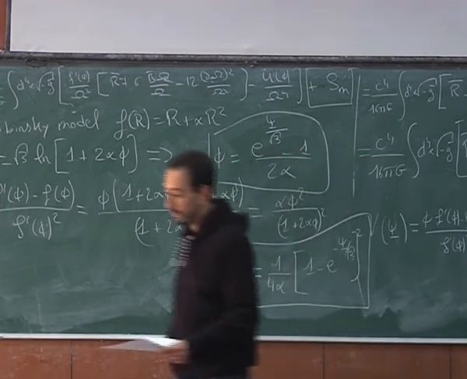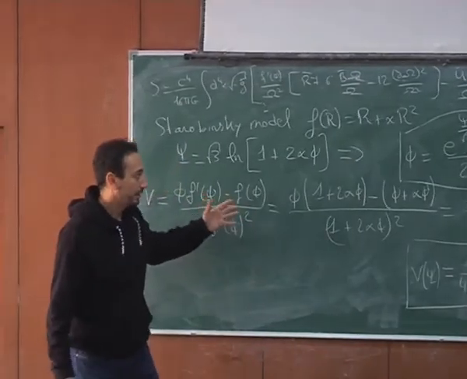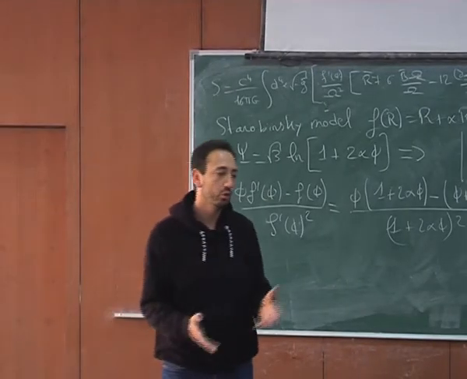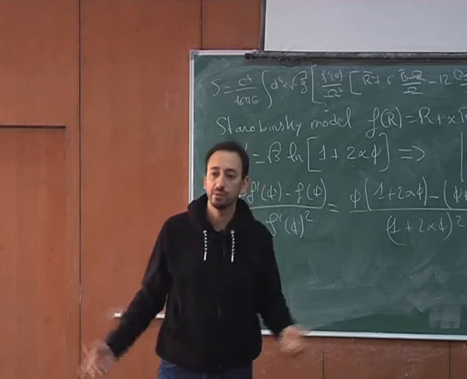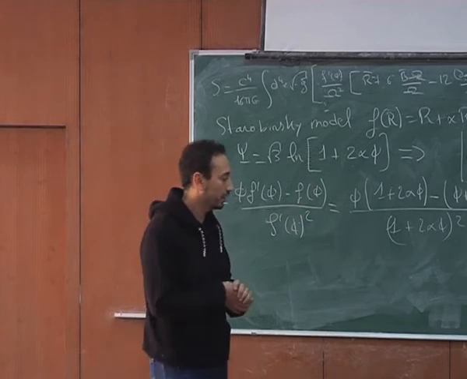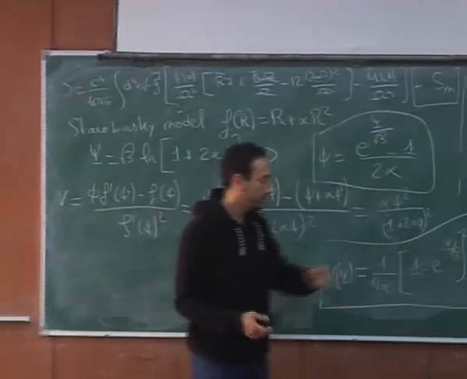So this is what you have at the end. This is the Starobinsky model. The Starobinsky model is equivalent to quintessence. Each f of R theory you will consider will be equivalent to some quintessence field with some specific potential. Now the potential depends on the f of R you considered at the beginning. And Starobinsky will be this very specific potential.